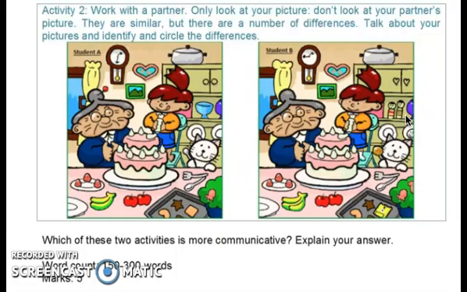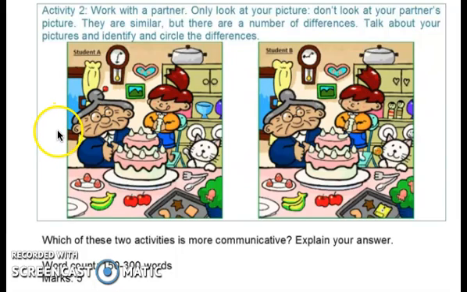So I would describe this to my partner, who would then say yes or no, or they have something different on their shelf. In other words, I need to communicate with my partner in order to determine whether or not our pictures are the same.